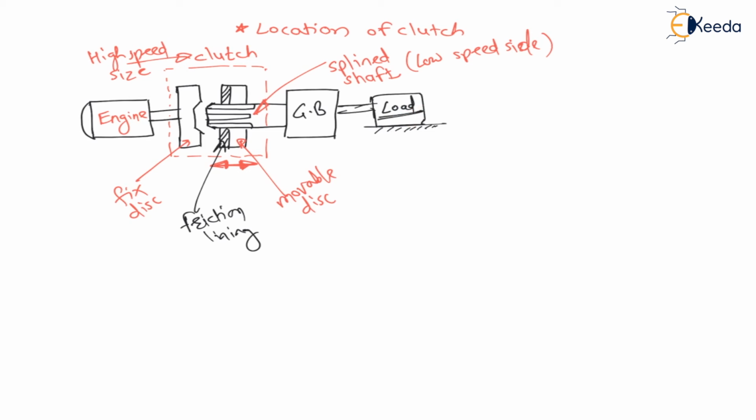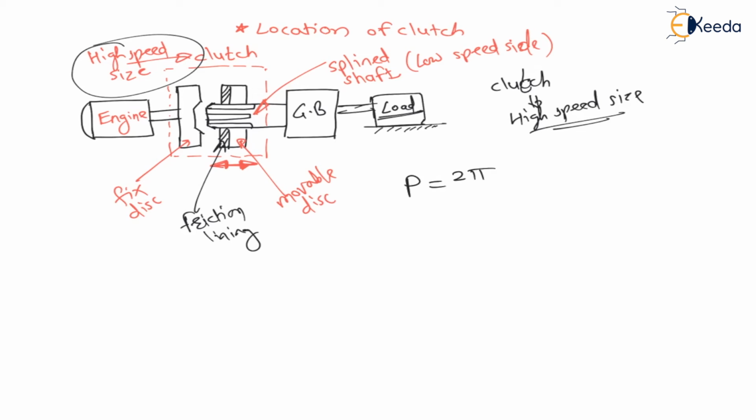Now why the clutch is connected to the high speed side, that we have to see. Clutch is always connected to the high speed side because power is nothing but 2 pi nT upon 60. This is the formula for power transmitted.